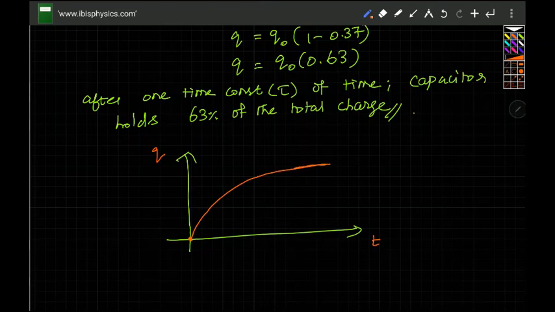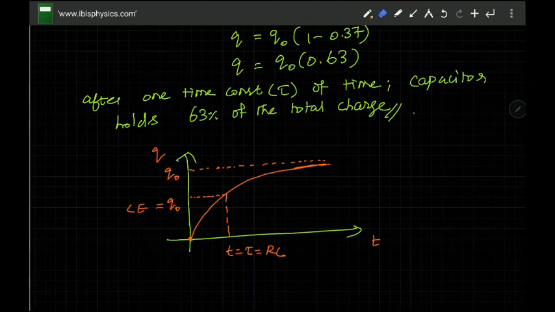This is the 1 minus exponential curve. It won't touch Q naught; after infinite time the charge equals Q naught, which is nothing but Ce. After one time constant, that is at t equal to tau or RC, the charge is equal to 0.63 Q naught, that is 0.63 times Ce.